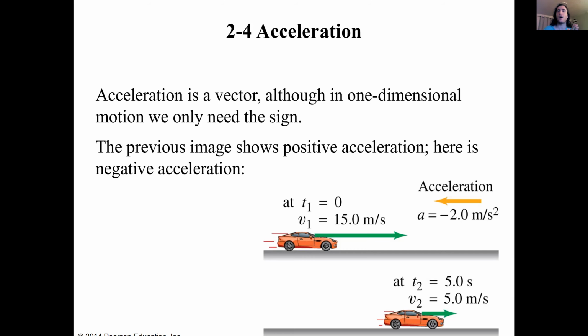It means that we're gaining in the negative direction 2 meters per second per second. In other words, we're slamming on the brakes. We're slowing down, right? Our acceleration is against our motion, our velocity.